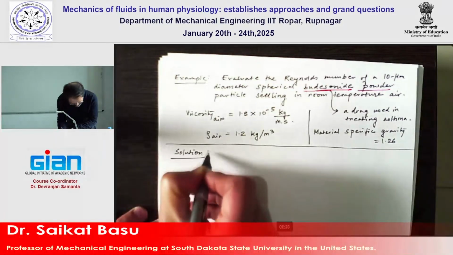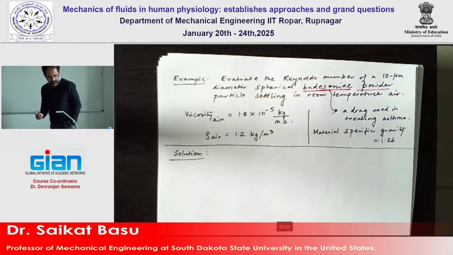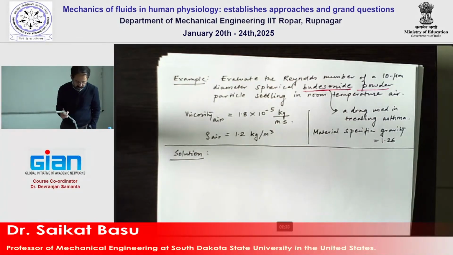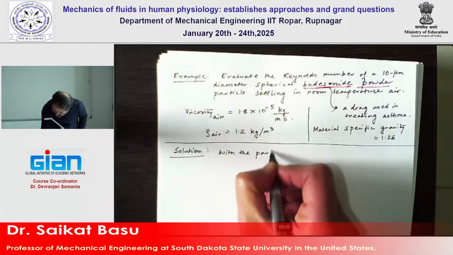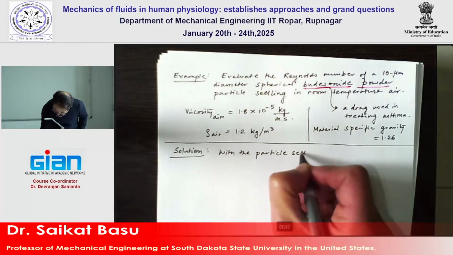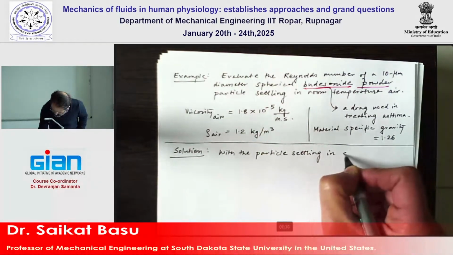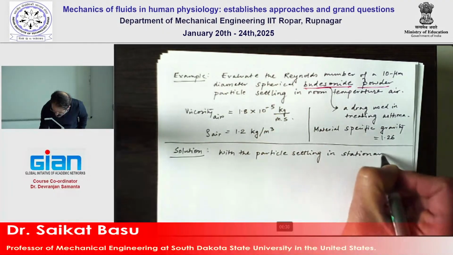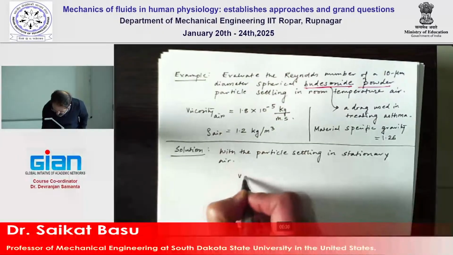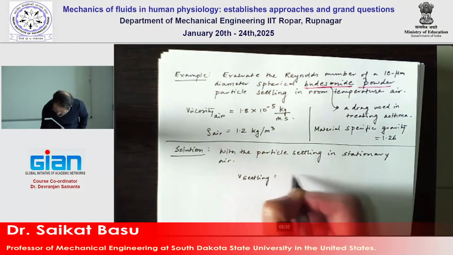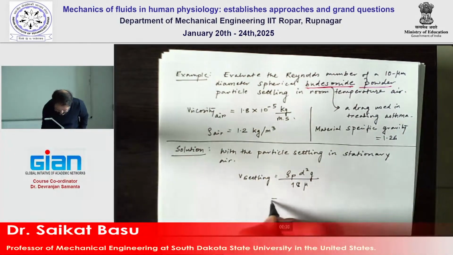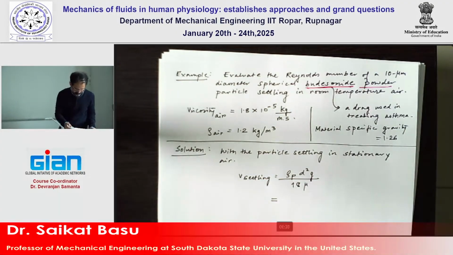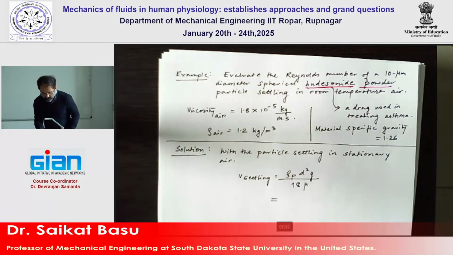So we can directly apply the formula that we had derived. For the particle settling in stationary air, we have V settling is rho P d squared g over 18 mu. So let's put in the numbers here.